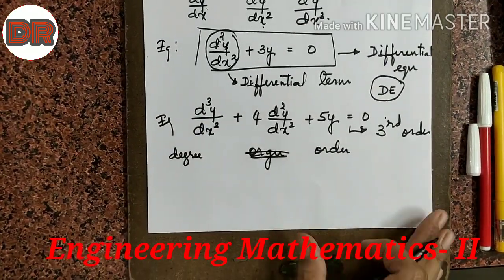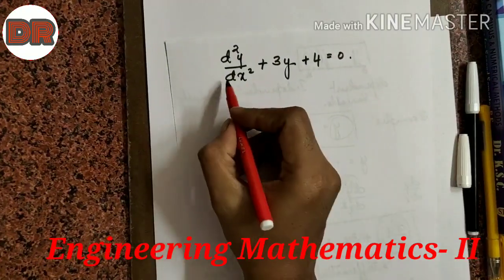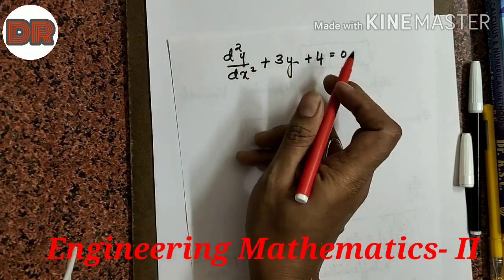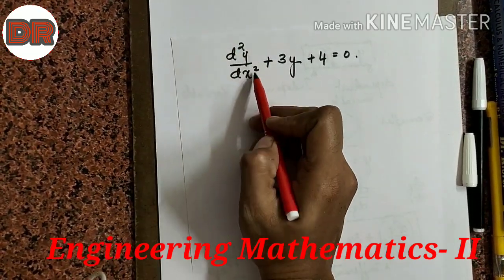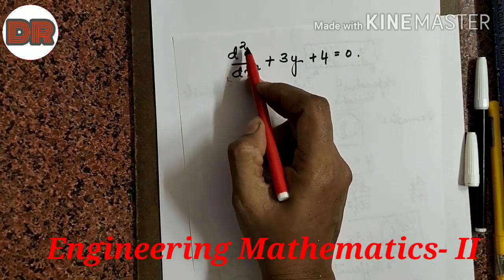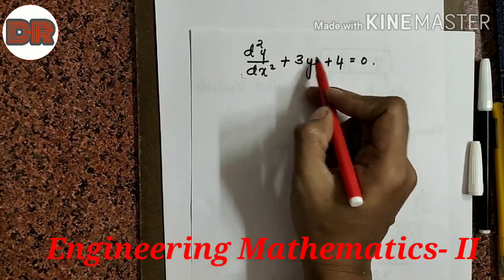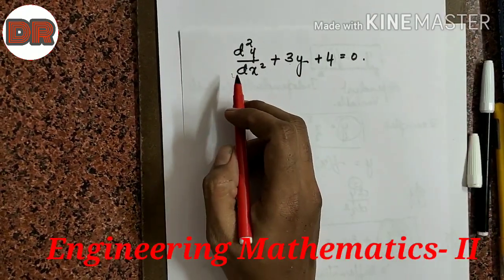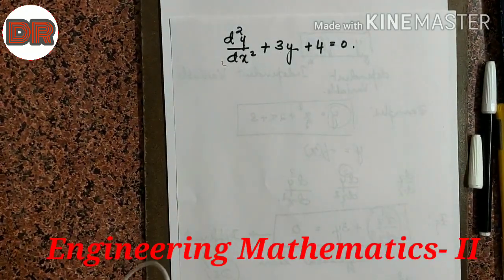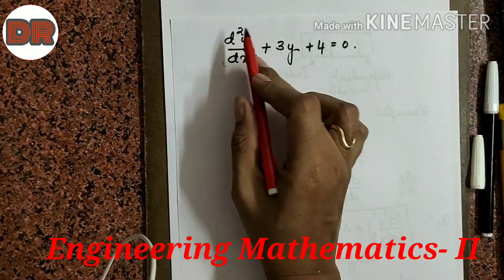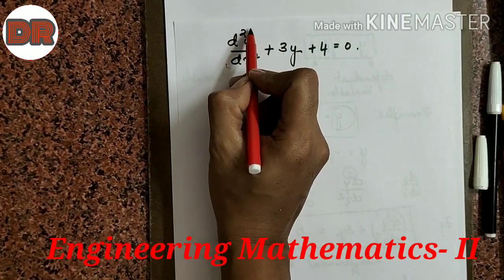So let me take an example first. Here, if you see, this is a differential equation. Why is this a differential equation? Because we have a differential term, that is a differential term of the dependent variable y, and also we have other terms. Now we have to see what is the order of the differential equation. In this example, if you search for the highest differential term, then we get 2.